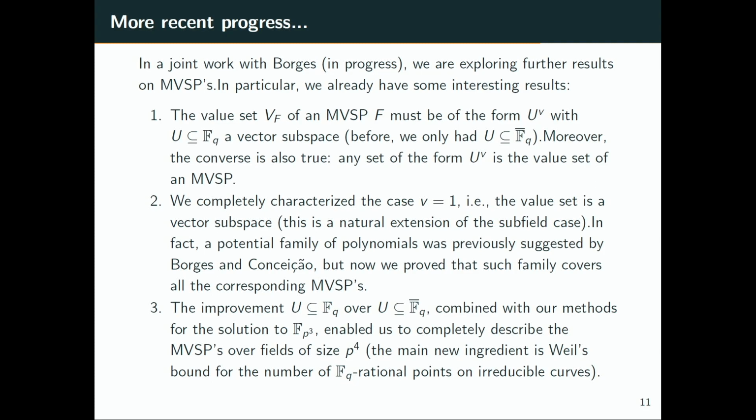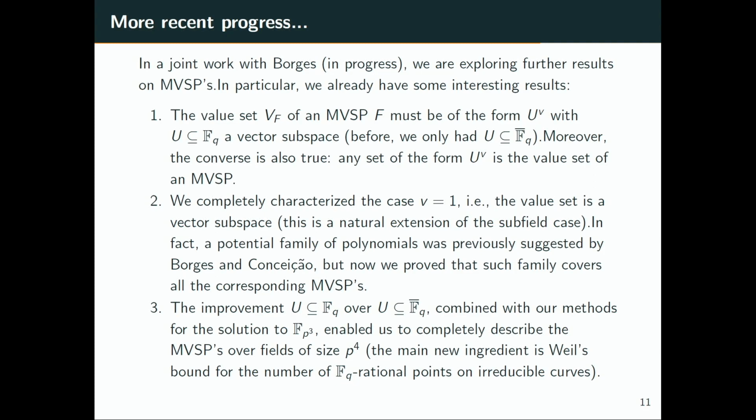And finally, this is very, very recent. From the first improvement, that the vector space is actually in F_q, not in the algebraic closure, we are able to combine our techniques in F_{p^3} to obtain a solution for p^4.